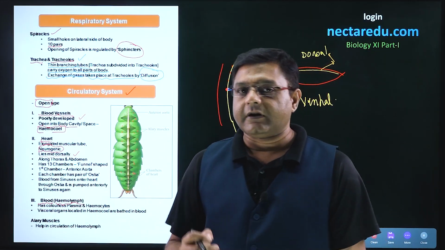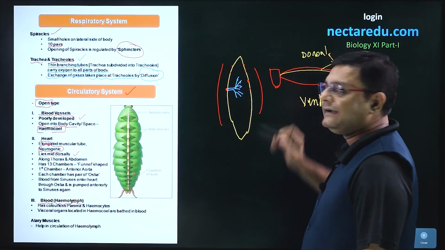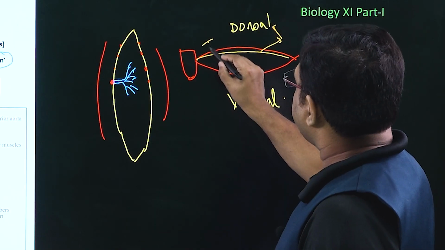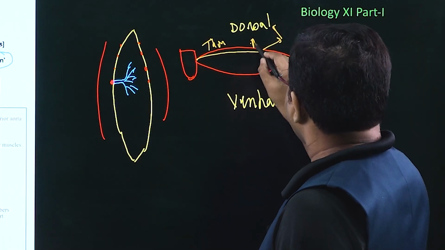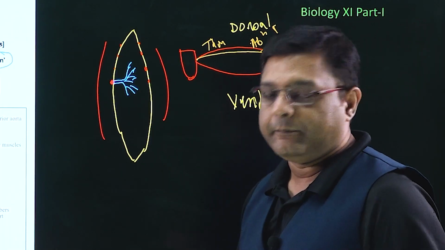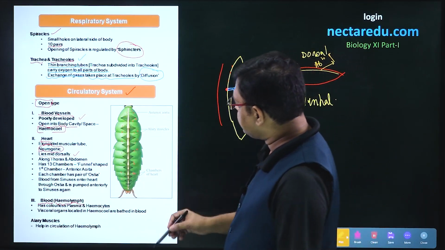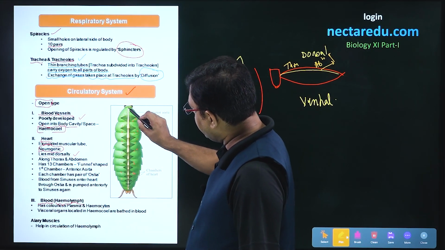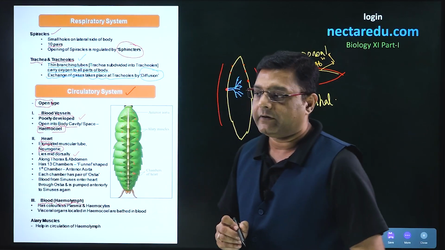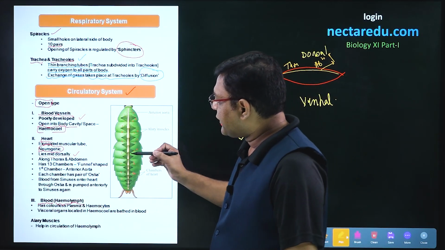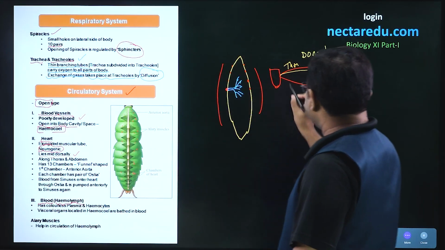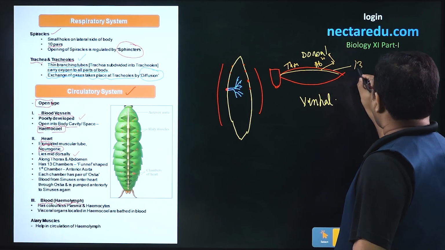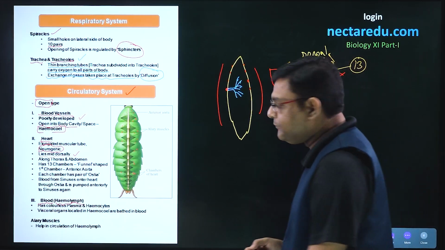Now this particular heart will never enter the head. It will be present in the thorax part and in the abdomen part. We can see in this diagram also that the heart has not entered the head. It is from the thorax to the abdomen. Talking of the number of chambers, this elongated tube has 13 chambers in all.